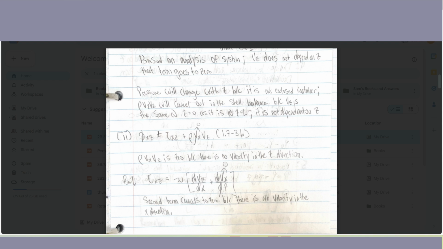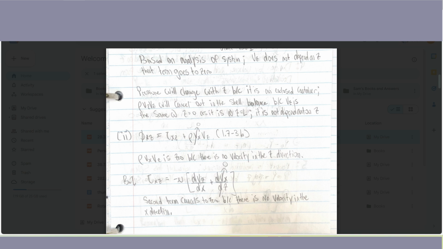Now going to the momentum flux XZ, you have tau XZ plus rho VX VZ. And this doesn't have a P because these two symbols here are not the same. It's like the sigma thing: if they're not the same, the sigma equals 0, so the pressure is 0. If they are the same, the sigma equals 1, so the pressure exists. This term goes to 0 because there's no V in the X direction.